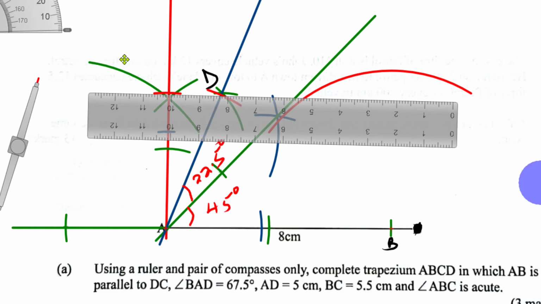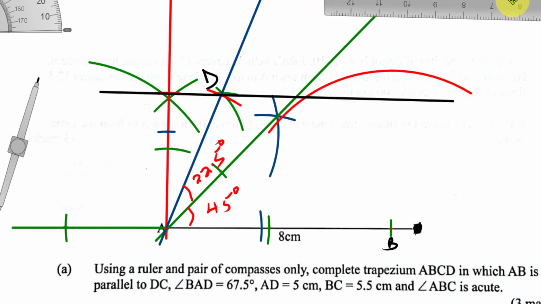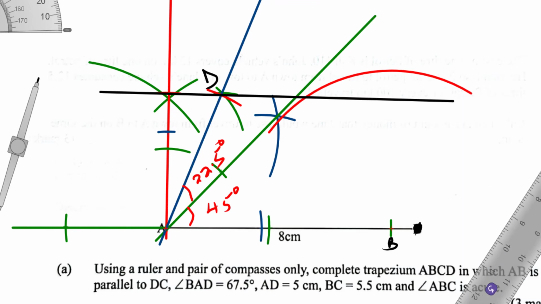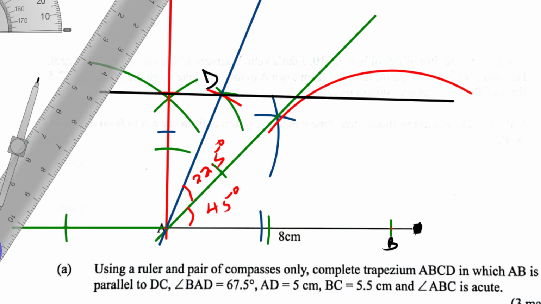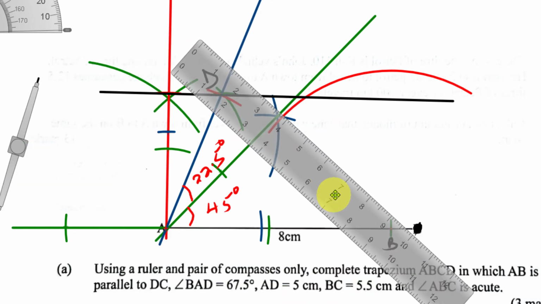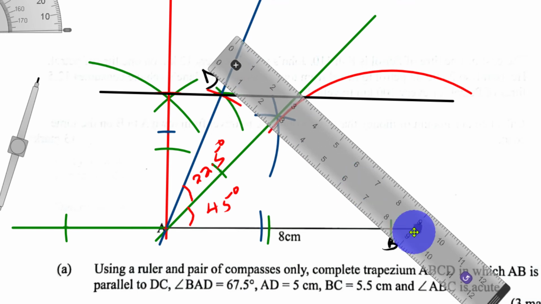So now I can draw the line. If I draw that line like that, you'd notice now the point C will be here. You can see the intersection of this arc. So to get C, I will have to join. Look at this arc.